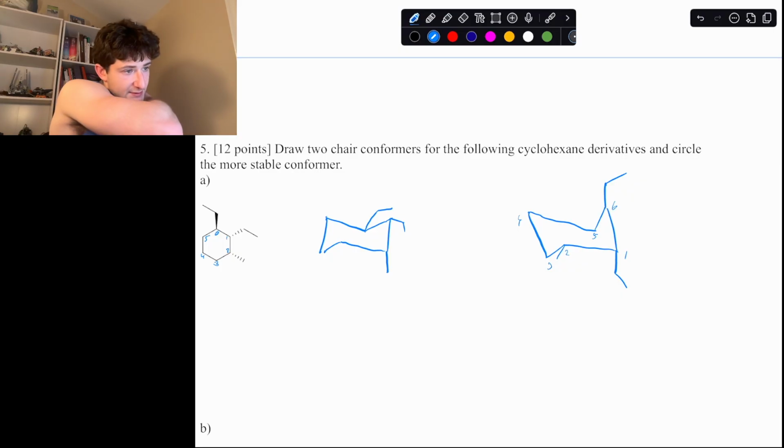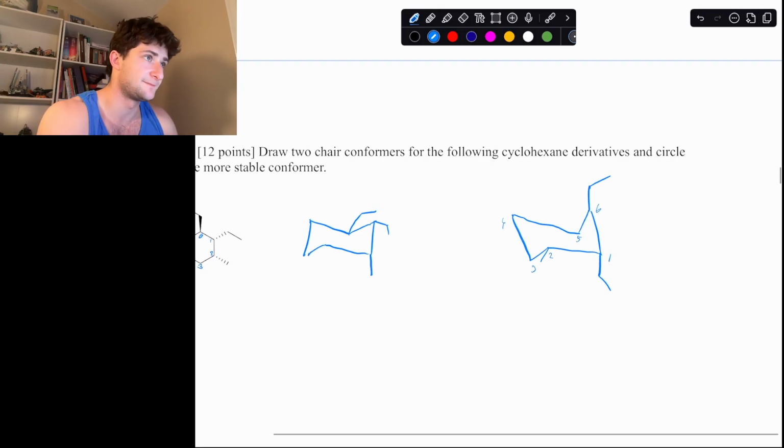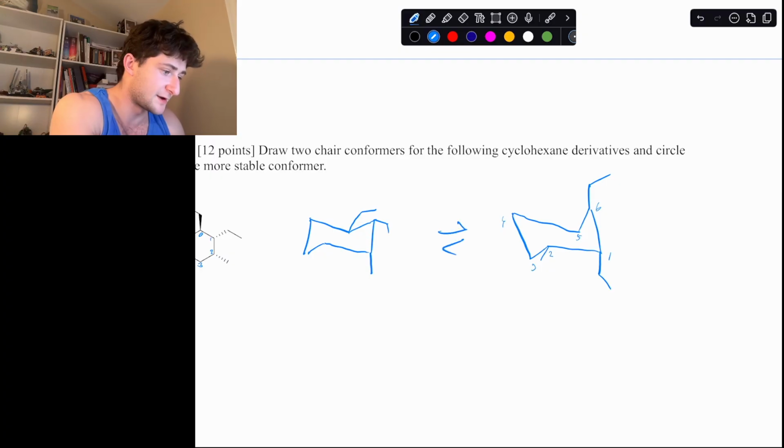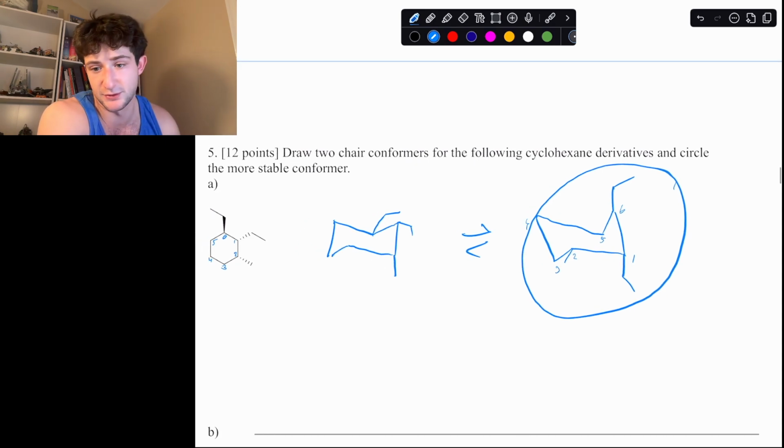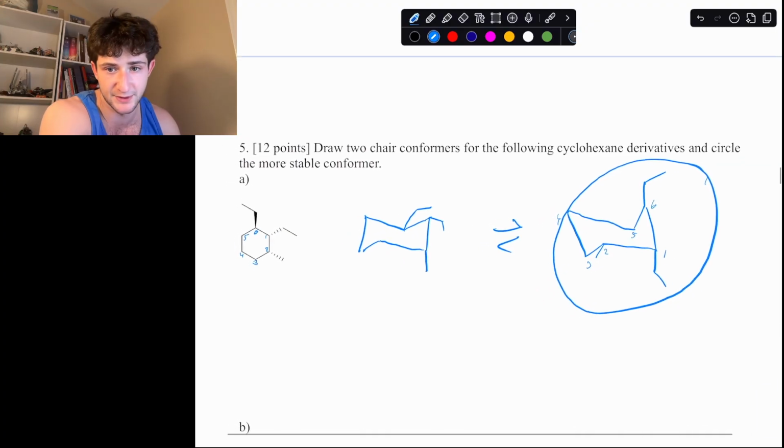And to circle the most stable, don't forget your arrows too, it's going to be this one, because you want the bigger ones to be axial. You want the bigger ones to be axial.